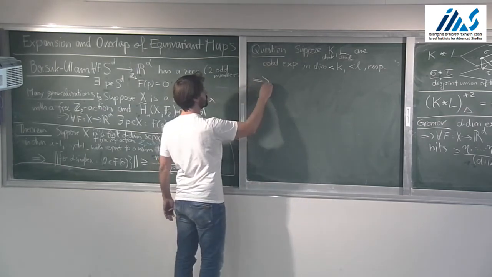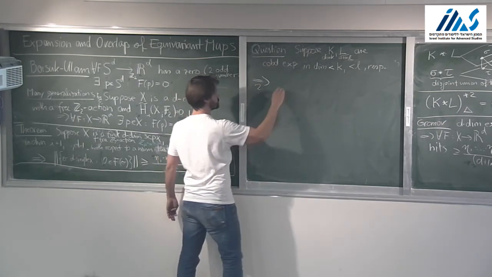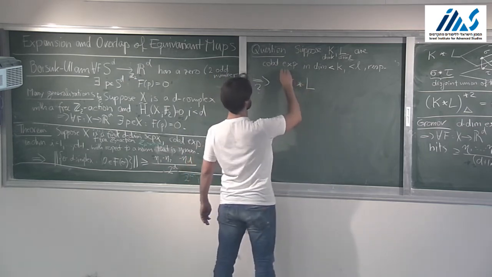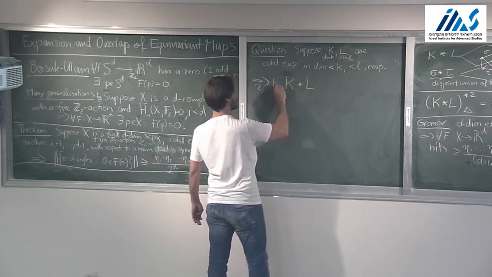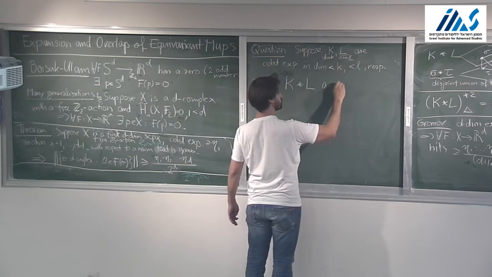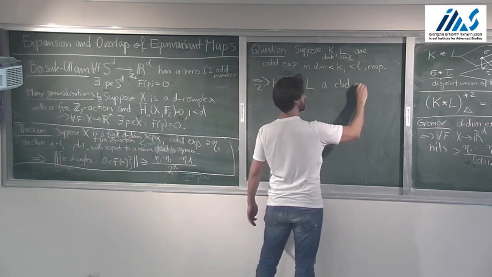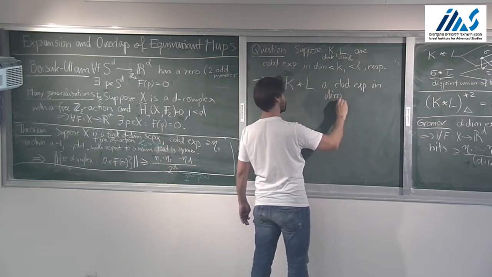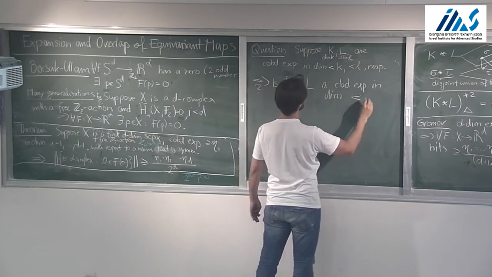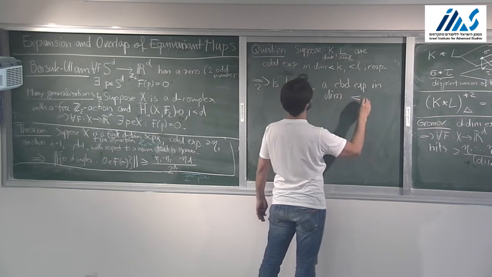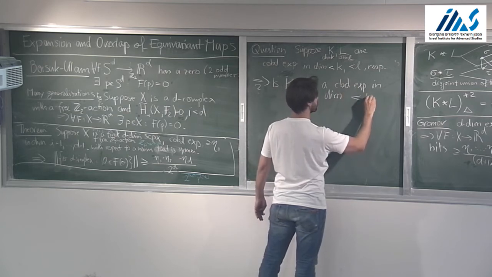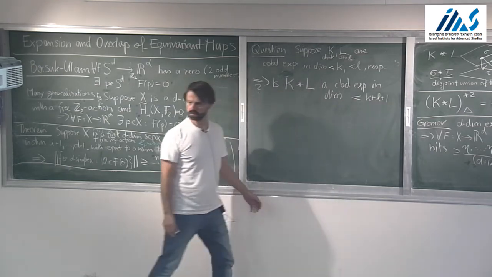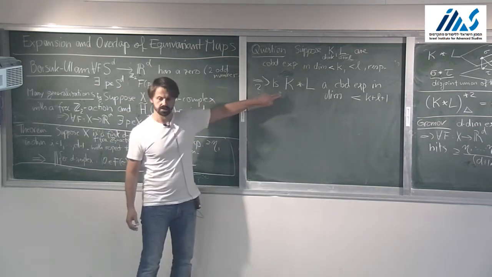Is it true that the join is also a co-boundary expander up to dimension K? So it has dimension K plus L plus 1. Is it a co-boundary expander?